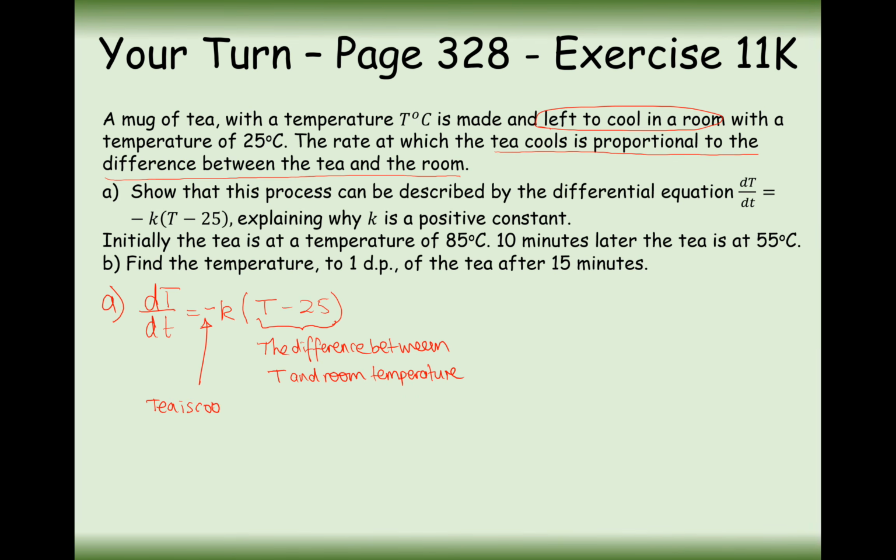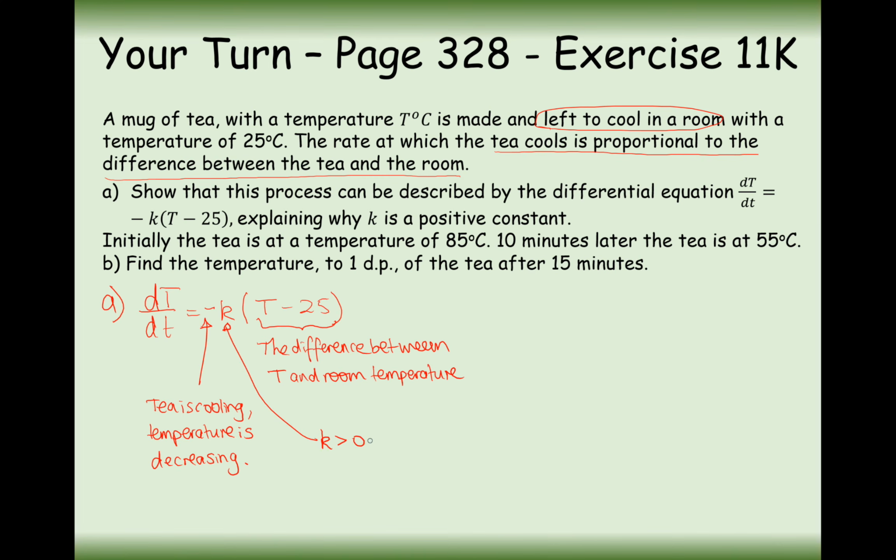And what does that mean? It means that the temperature is decreasing. And then why does k have to be positive? Well, because we want the whole temperature to be decreasing. Therefore, we've got the negative symbol. We now need the k term to be positive.